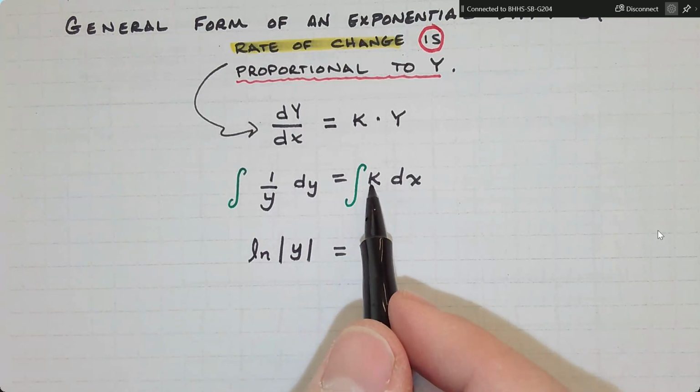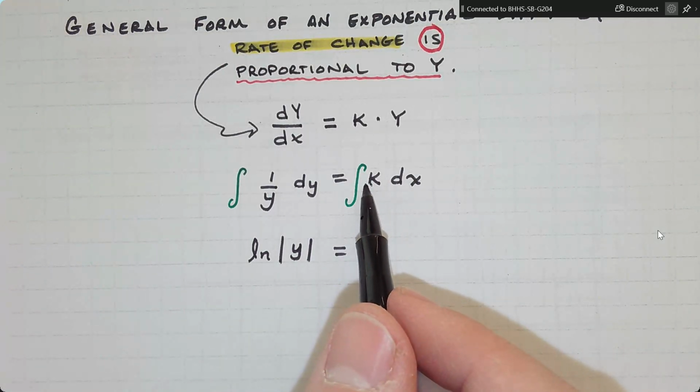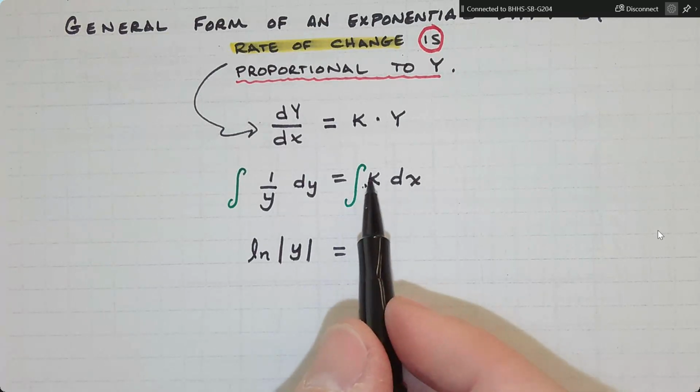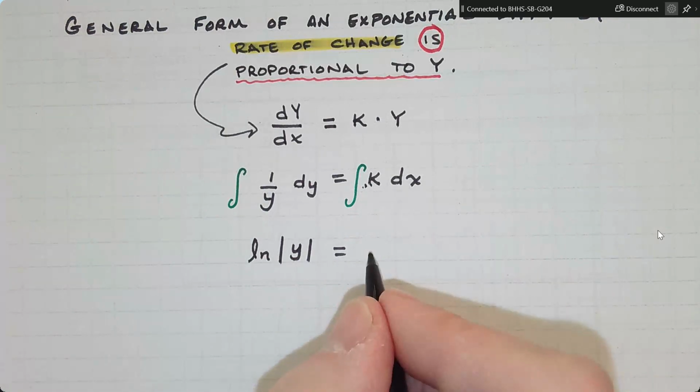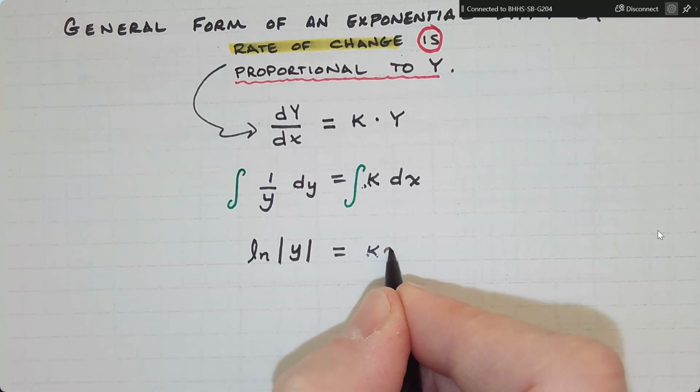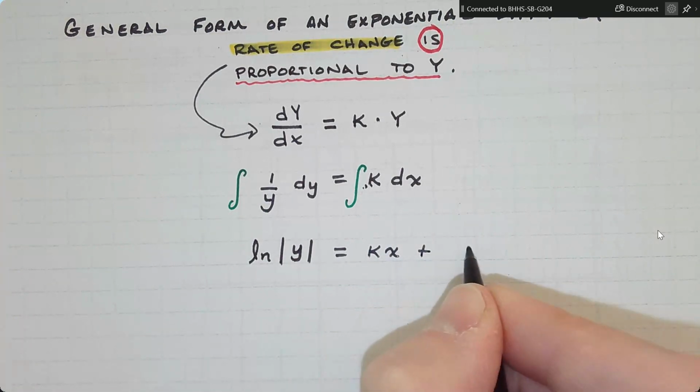On the other side, you got a k. If k was a number, give me a number. 2. If this was a 2, what would you say the antiderivative is? 2x. Okay, so here we're going to say kx plus c.